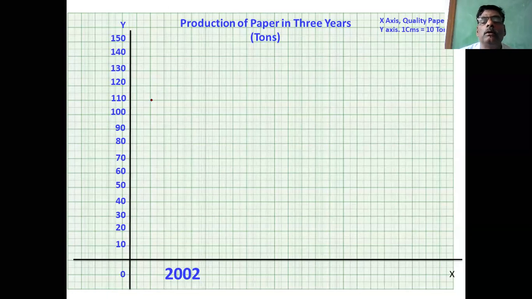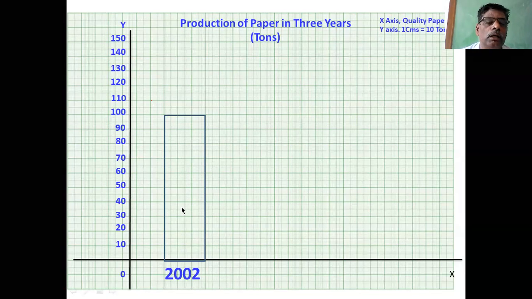Up to this level, you draw one column. Okay, one bar. You draw one bar. After this, you draw one bar, 100. Okay, this is the 100%.